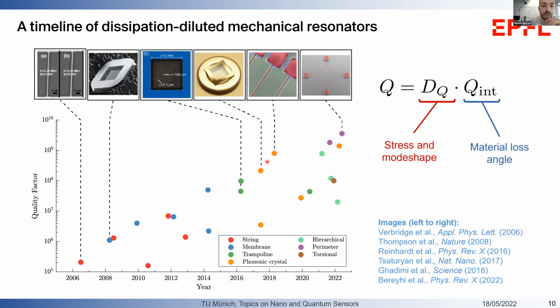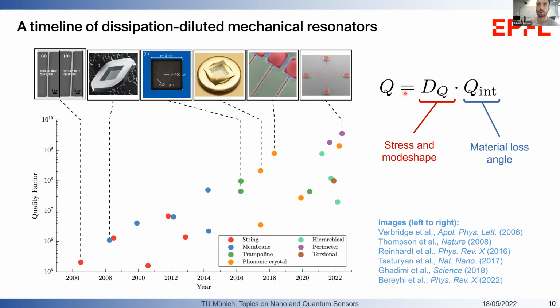And then later on, new designs of mechanical oscillators have been devised, including the discovery of soft clamping in 2017 and other soft clamping implementations and techniques since then that continued the trend, basically. And again, we can distinguish two main contributions to the overall quality factor.